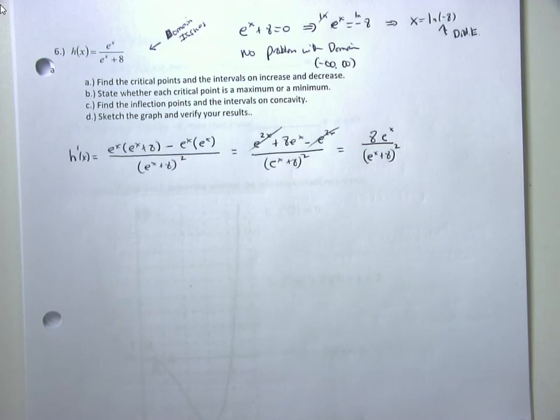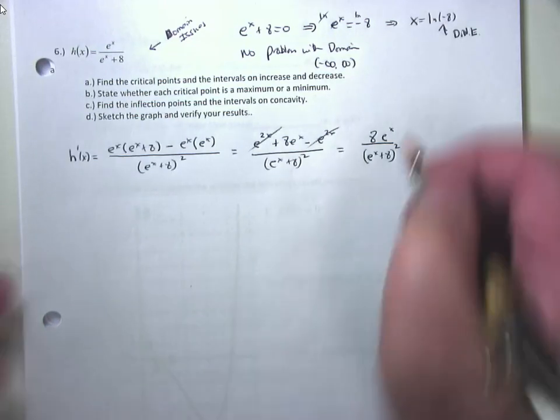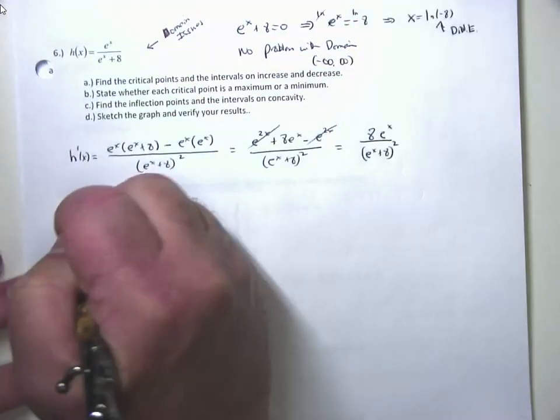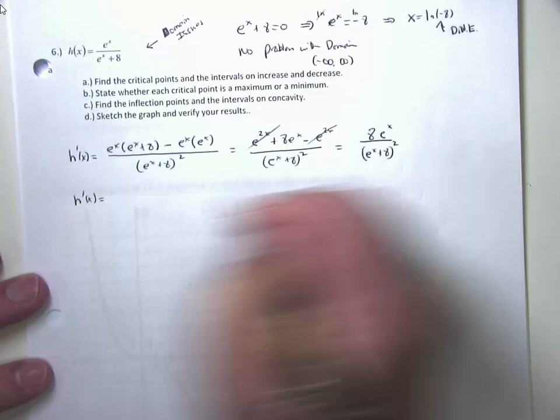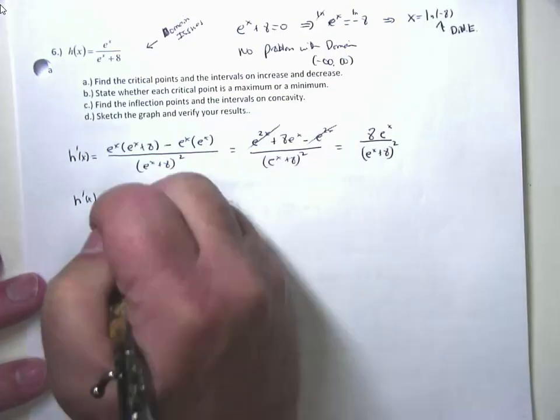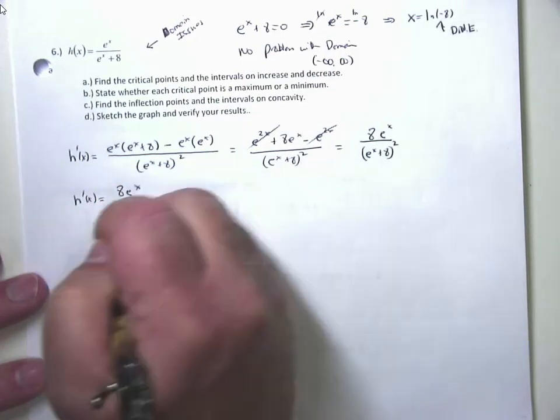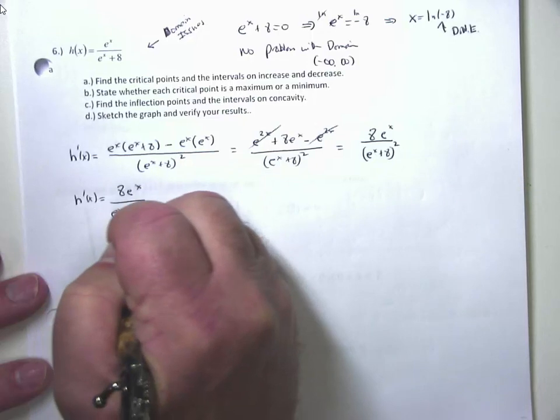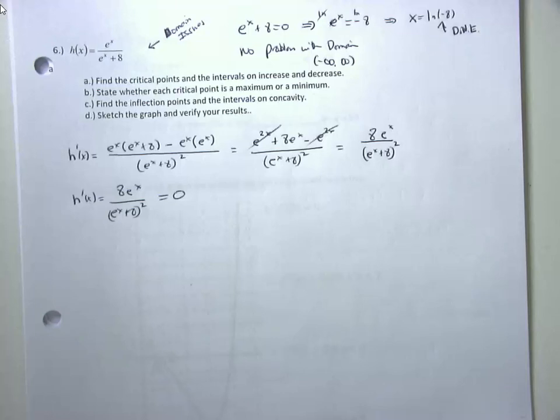So here we go. Here is my first derivative. To find critical points, you take the first derivative, set it equal to 0, and solve. Sorry. So this is 8 e to the x divided by e to the x plus 8 squared. I'm going to set it equal to 0, and I'm going to solve. How do you solve when you have a rational function?